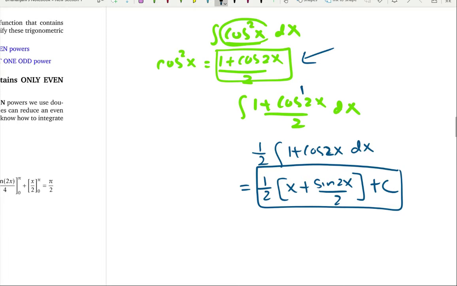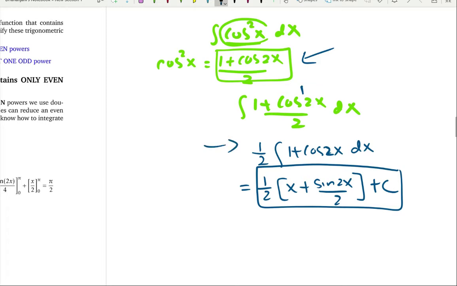After that, integration is super easy. Any trigonometric function with power 1 is easy to integrate. I'm sticking only to sine and cosine; let's talk about the other trigonometric functions later. But any sine or cosine to the power 1 is very easy to integrate, just like here.